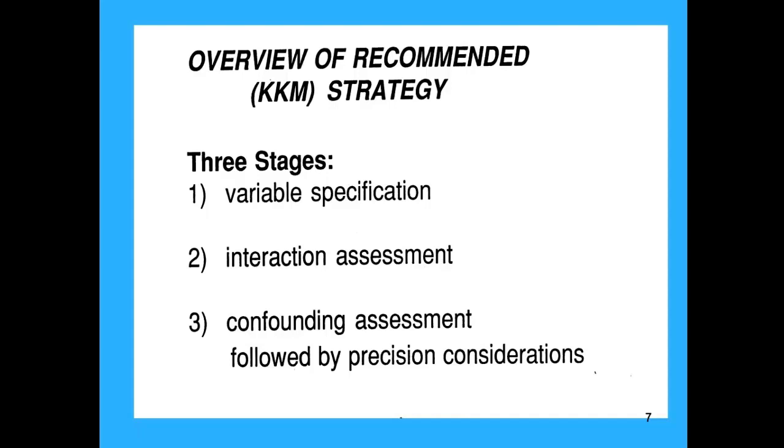You have to know something about the disease and what's been written about it, not only in the literature about what's been shown from studies, but also what conceptually makes sense. So it's not just what's been shown. Some of the variables you might put in the model are things that conceptually ought to be in there as variables you control for. They may not have been shown, but it might make sense. So the literature has a lot to do with variable specification.